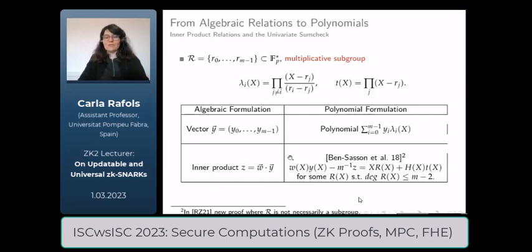if this is the inner product, the polynomial encoding W, which is the polynomial that goes through the vector W at the points of R, just as before, and this polynomial encodes Y. So the product of the polynomial encoding W with the polynomial encoding Y equals X R(X) plus H(X) times X. So again, it's a bit similar to before.